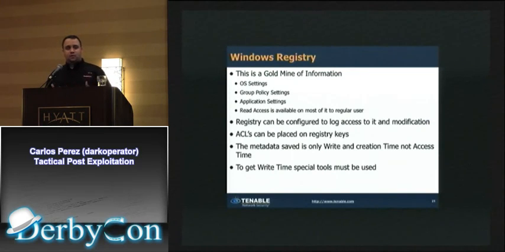Because if somebody wants to detect somebody reading the registry or poking inside several registry keys trying to get access, you get to set group policies, you get to create ACLs to actually let you know that somebody's looking at those. The only metadata that is safe when you're interacting with a registry key is when you actually write to one.